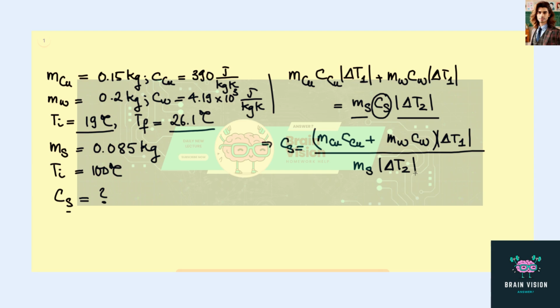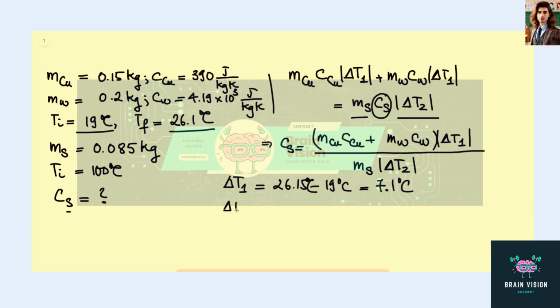And so we see that delta T1 will be equal to 26.1 minus 19. I should have degrees Celsius here. And so that amounts to 7.1 degrees Celsius.